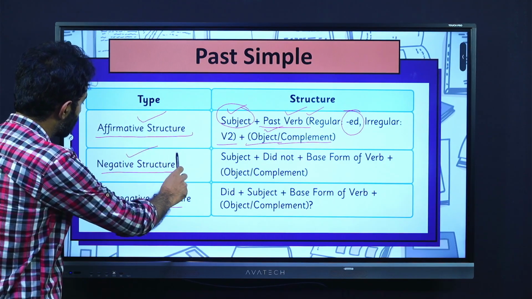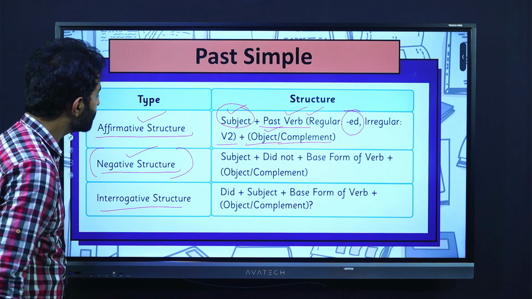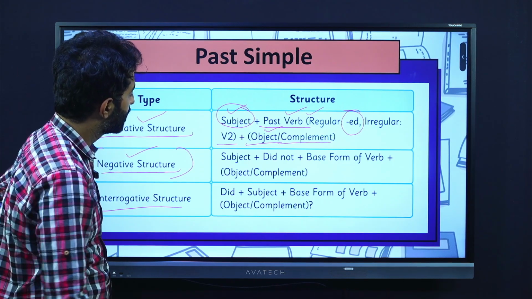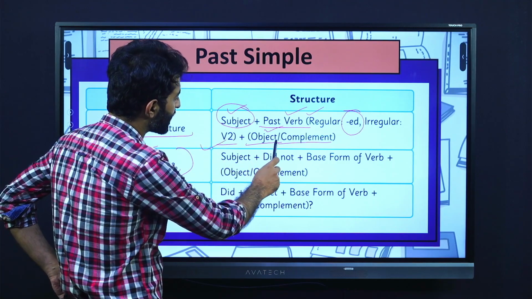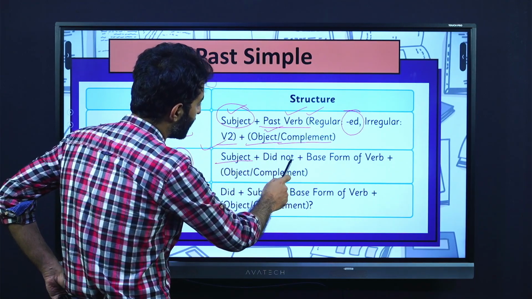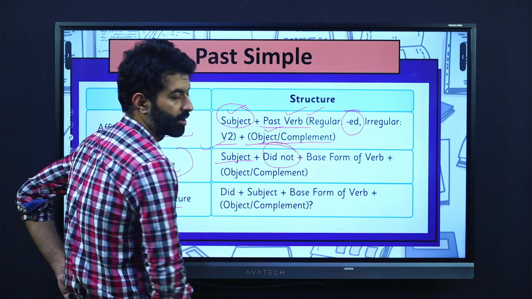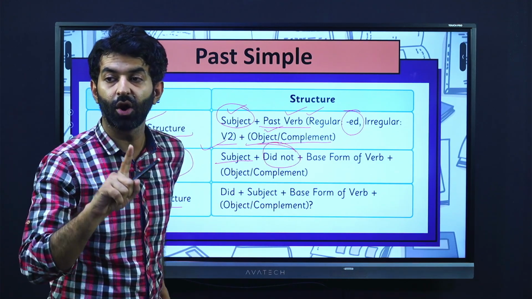In order to make or construct the negative structure of past simple, it will be exactly the same, the subject, but you will add did not. Not do not, did not. Why?